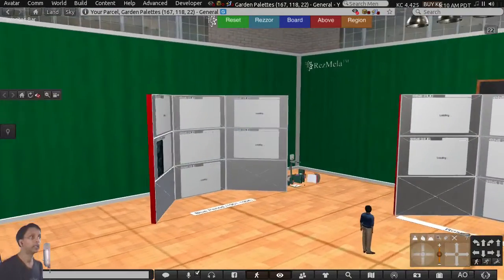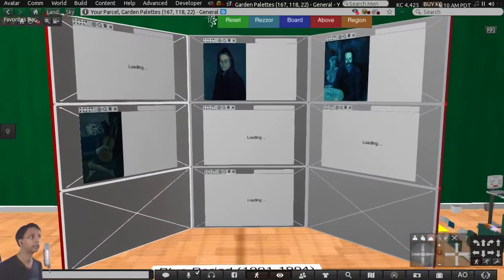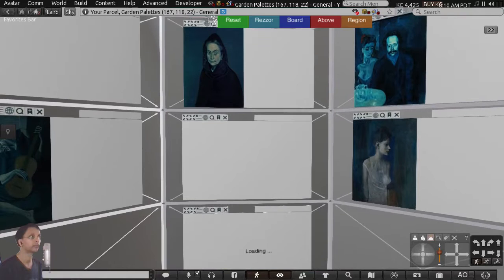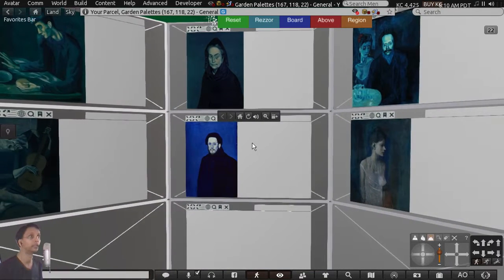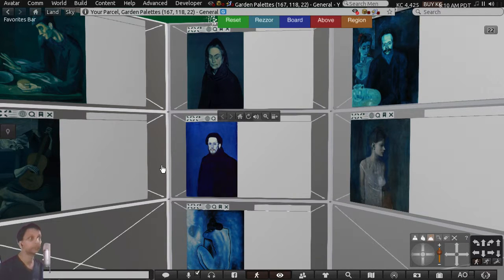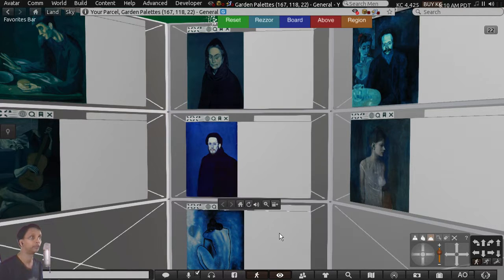Okay, so here we have the blue period, and it also coincides with a time where things were pretty sad in his personal life. There were lots of friends dying and stuff like that, and you can see all the paintings reflect that mood, and all these paintings are blue.